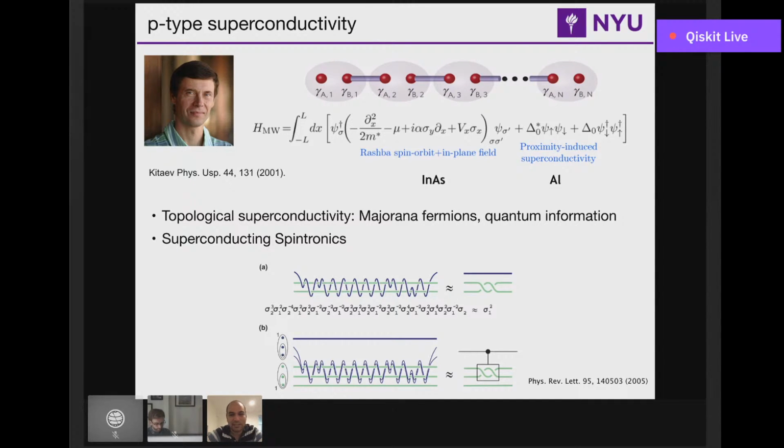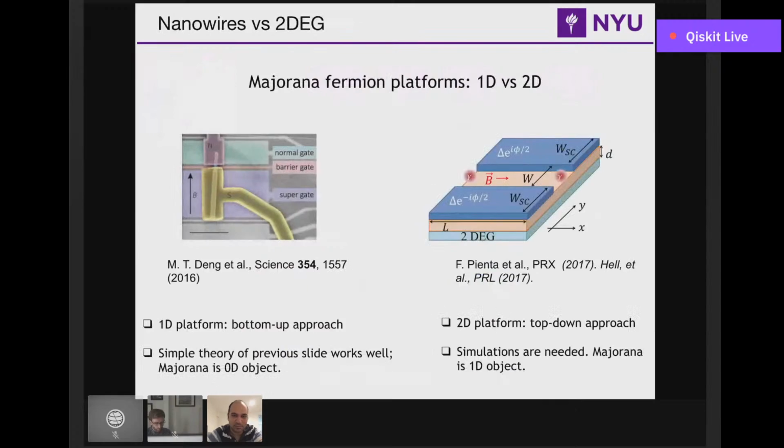Once I have it, you can go through details, and to do a gate, you have to do a lot of braiding. There are lots of interesting theoretical proposals of how you can make a CNOT or simpler gates. So first, I need to show you that I can realize this system, I can make these interfaces, and how we can go from there.